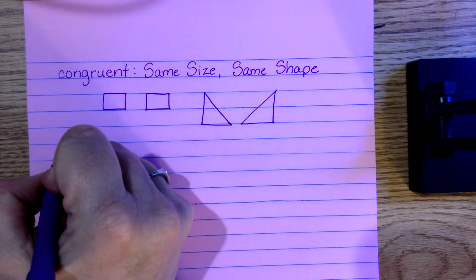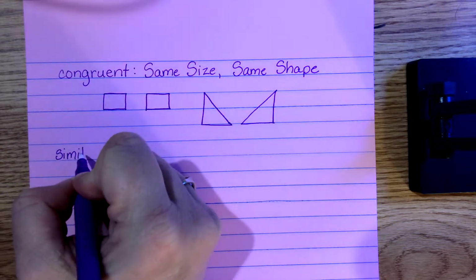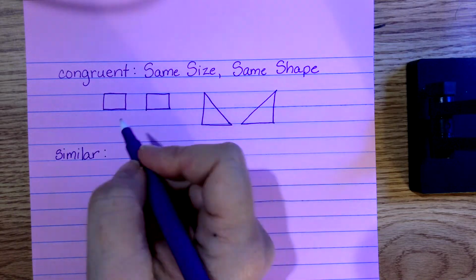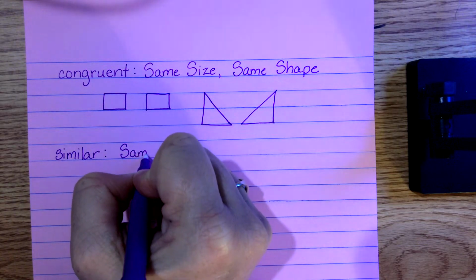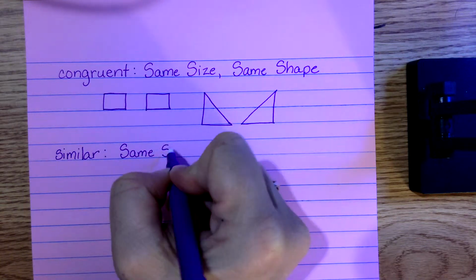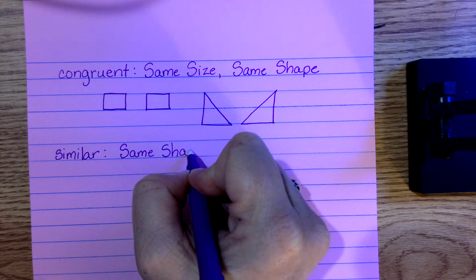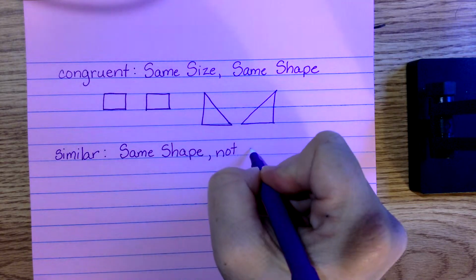Similar means that they are the same shape, but not always the same size. Same shape, not always the same size.